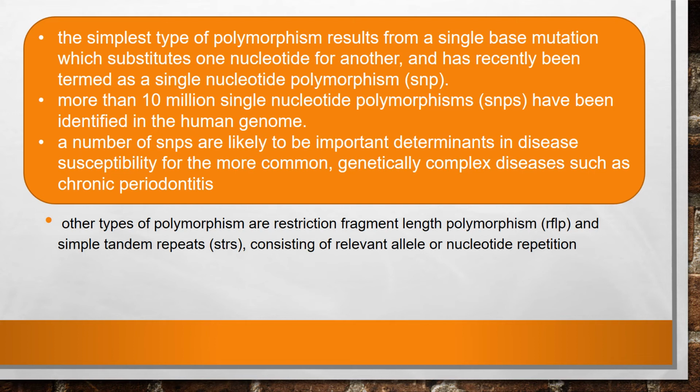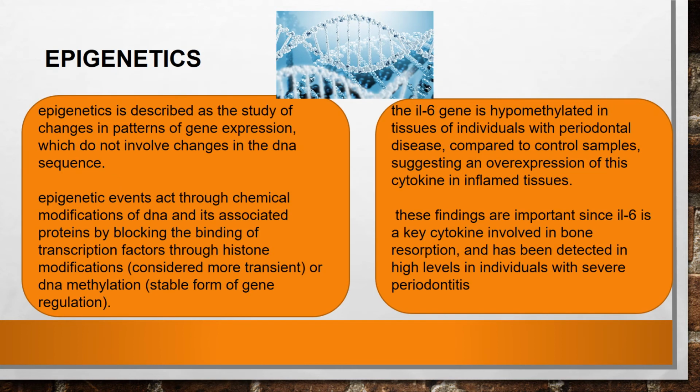A number of single nucleotide polymorphisms are likely to be important determinants in disease susceptibility for the more common genetically complex diseases such as chronic periodontitis. Other types of polymorphism are restriction fragment length polymorphism and simple tandem repeats, consisting of relevant allele or nucleotide repetition. Then comes epigenetics.